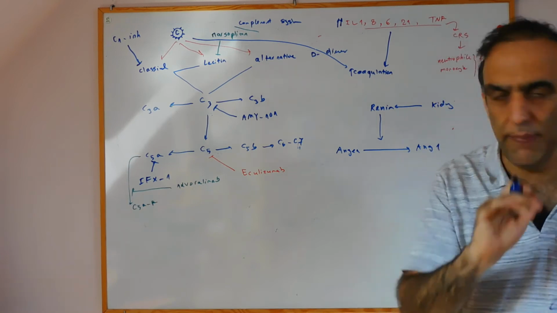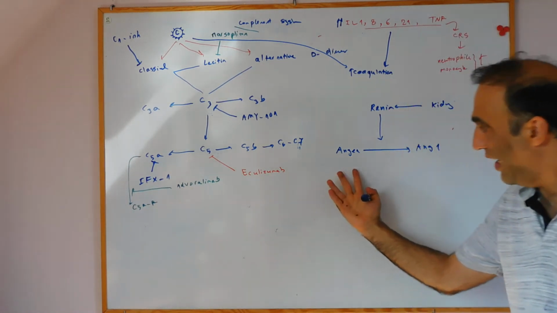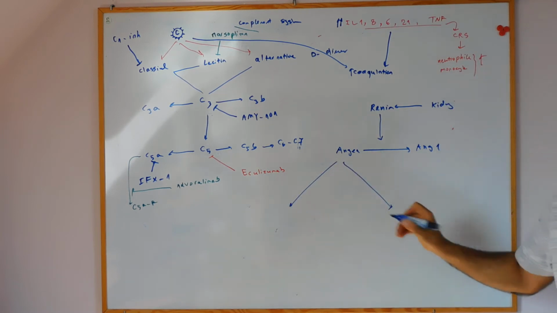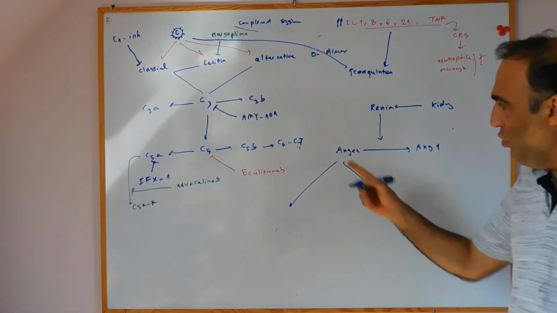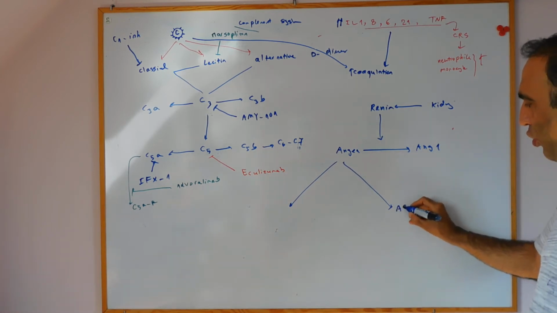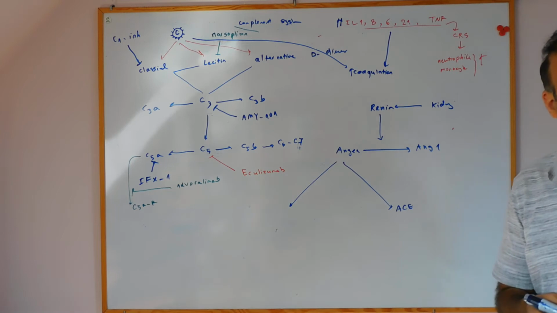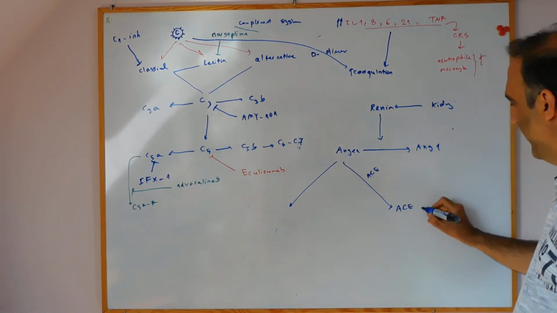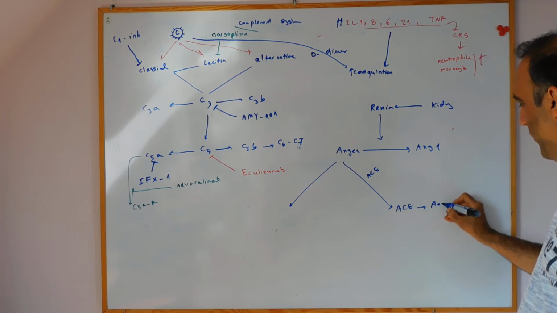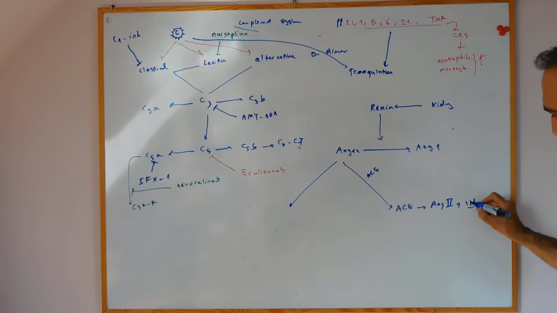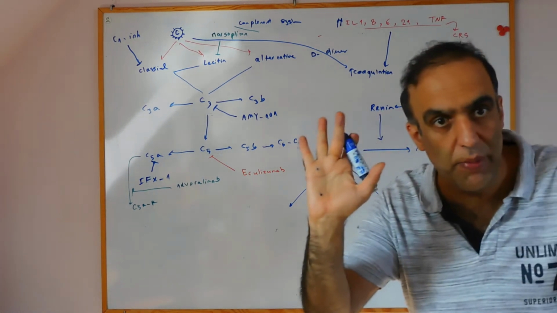Okay. Now from here I see the background. There are two mechanisms. Angiotensin 1 converted to angiotensin 2 can act on the angiotensin 1 receptor. Until here, no problem.